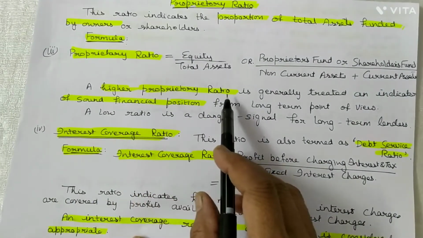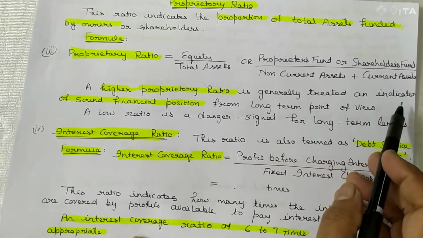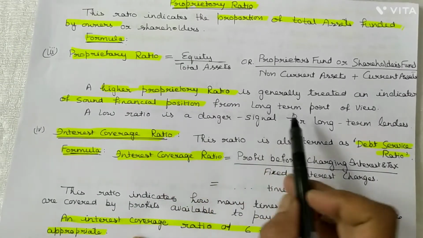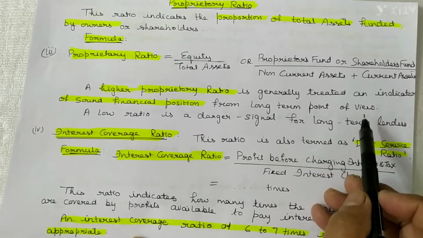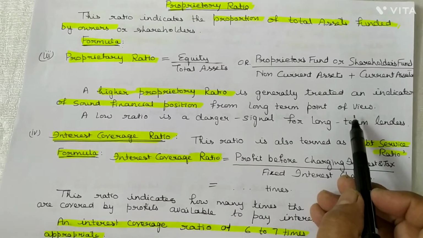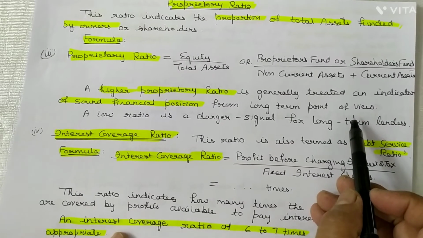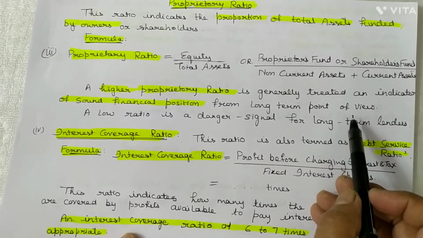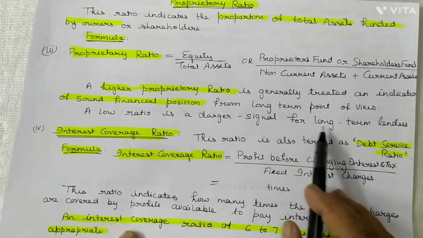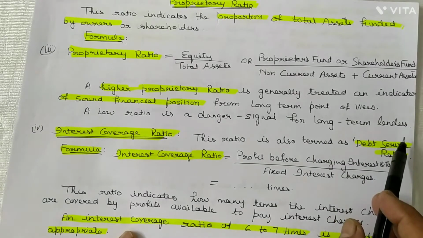A higher propriety ratio is generally treated as an indicator of a sound position from a long-term point of view. Those who invested in the business for the long term are safe. A low ratio is a danger signal for long-term lenders.